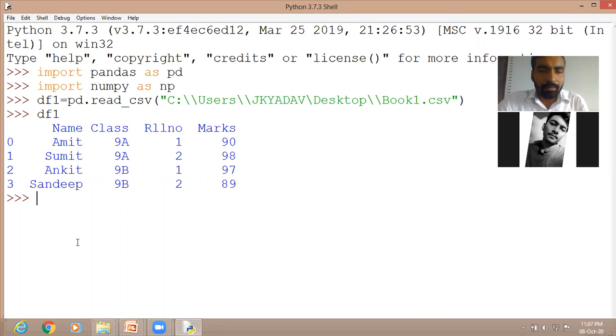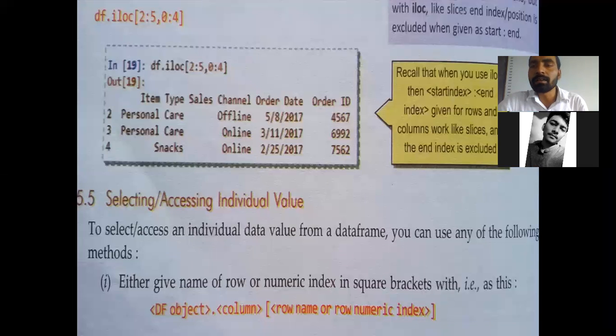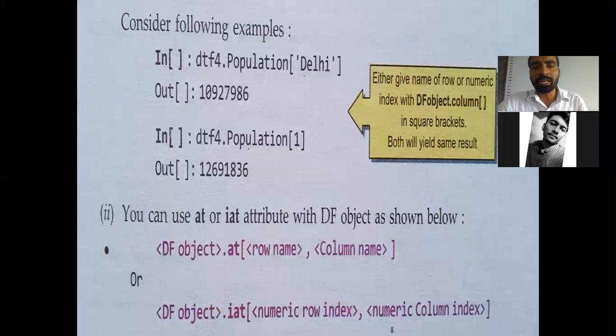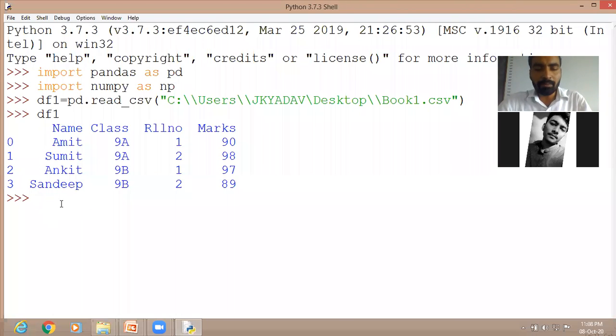Now in this data frame, as I told the topic, we want to access a particular value. We want to display or select a particular value. So how can we do that? Let us see. Simply we can type the data frame name df1 dot the column heading. Type the column name. Suppose I want the marks from the marks column, then I will write marks. Then put the square bracket and write the row name or row index.